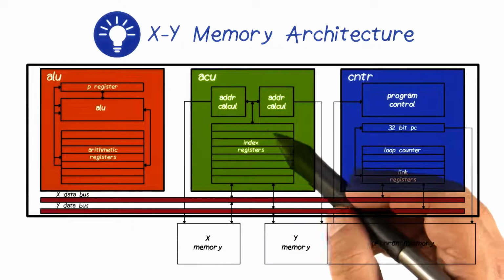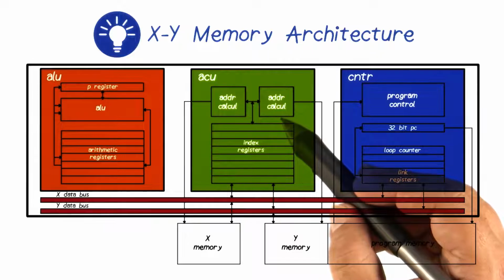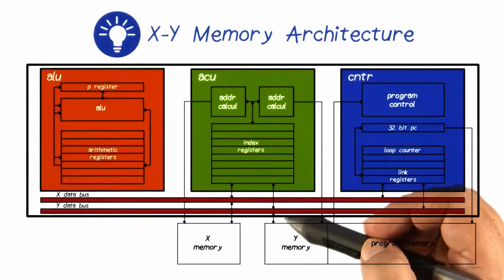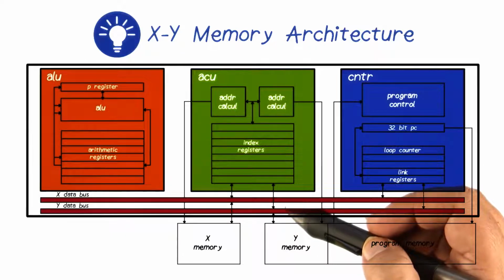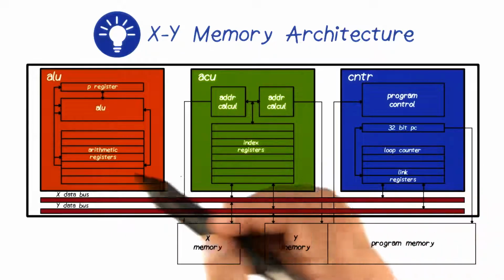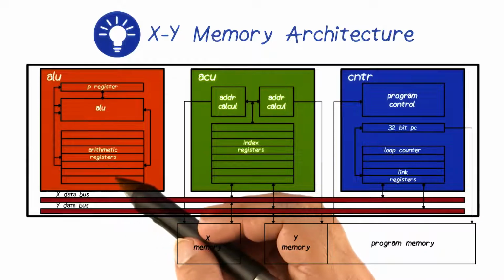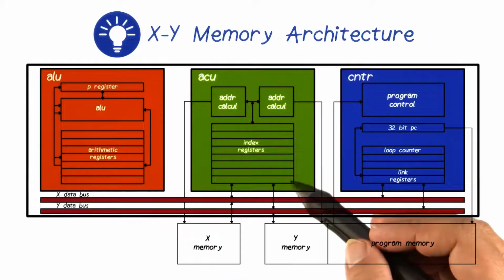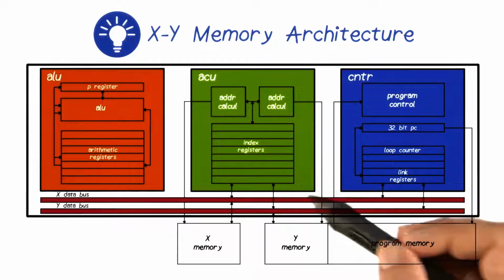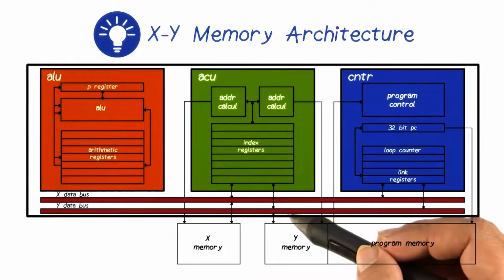Not only do they have their own address calculation units, but they also have two different buses here, as you can see, in which the operands can be parallelly fetched and sent to the ALU, and that's how the loads could operate in parallel, or one load and one store could operate in parallel, or two stores could operate in parallel.